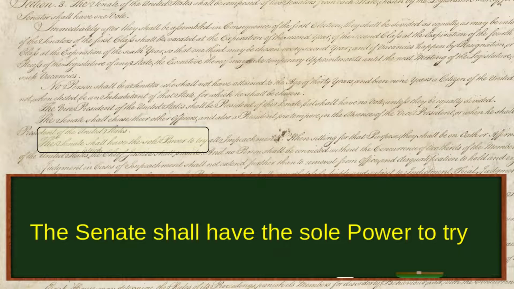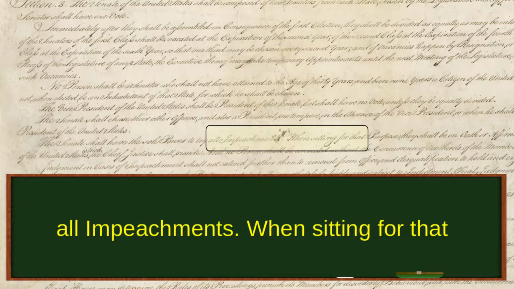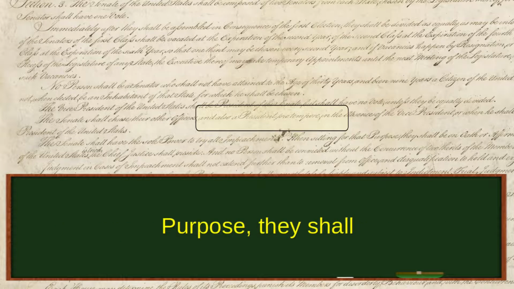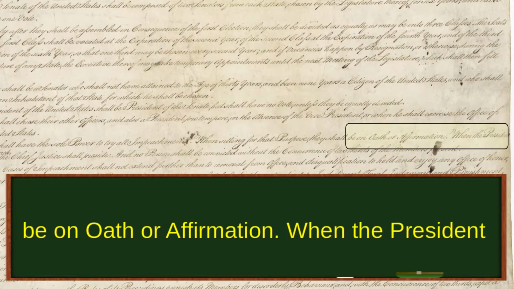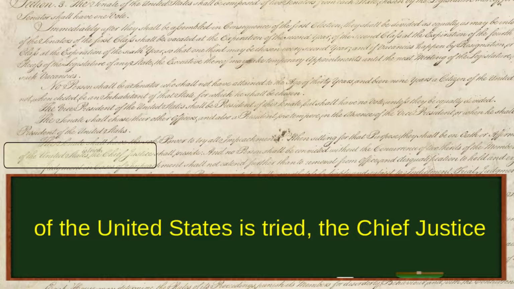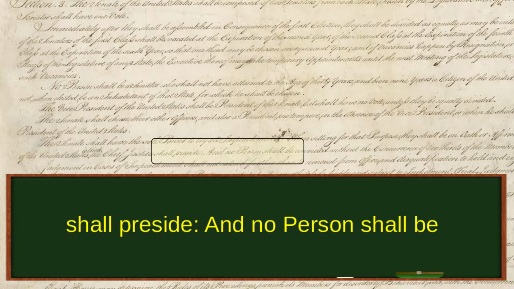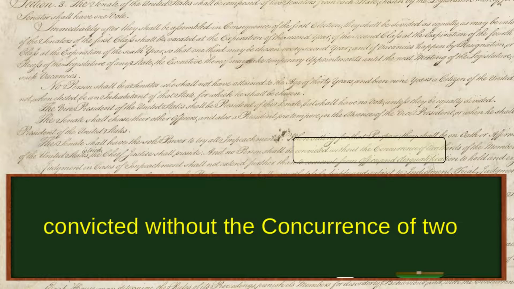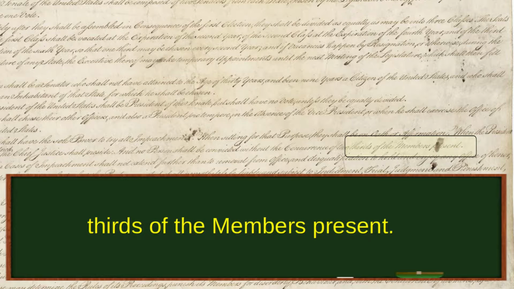The Senate shall have the sole power to try all impeachments. When sitting for that purpose, they shall be on oath or affirmation. When the President of the United States is tried, the Chief Justice shall preside, and no person shall be convicted without the concurrence of 2/3 of the members present.